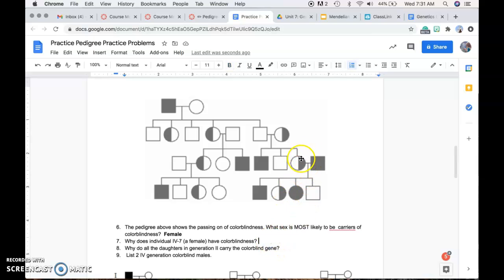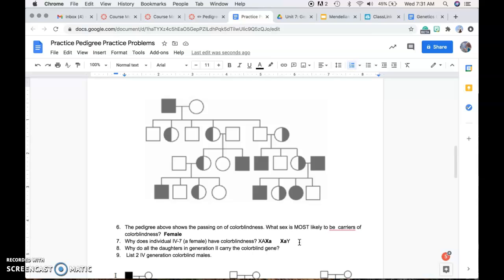Mom's genotype is going to be X big A, X little a, and dad's genotype is going to be X little a, Y. Because mom and dad both have these recessive alleles, she inherited both of those recessive alleles from mom and dad.